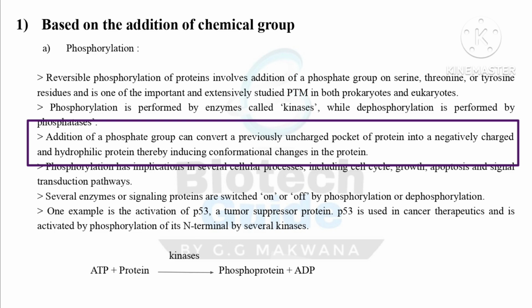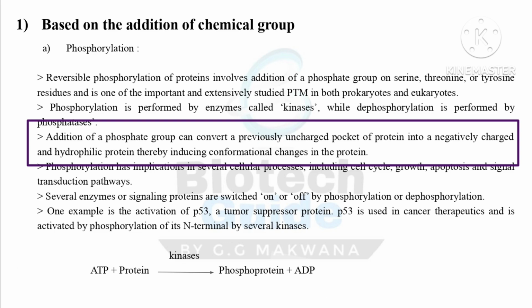As we know, a key example is DNA, which has phosphate groups, so it is basically negatively charged. Addition of a phosphate group can convert a previously uncharged pocket of a protein into a negatively charged and hydrophilic one, thereby inducing conformational changes in the protein. So basically phosphorylation results in a hydrophilic and negatively charged protein.